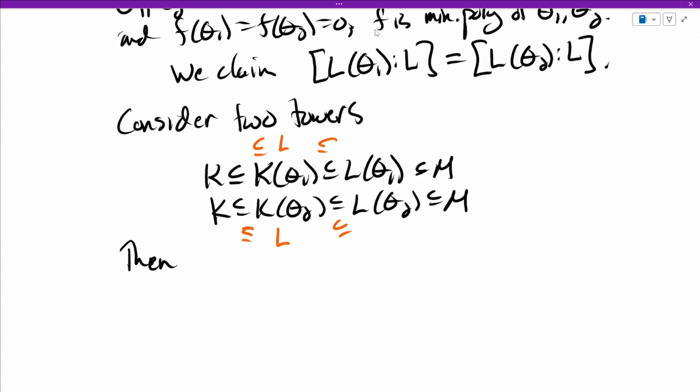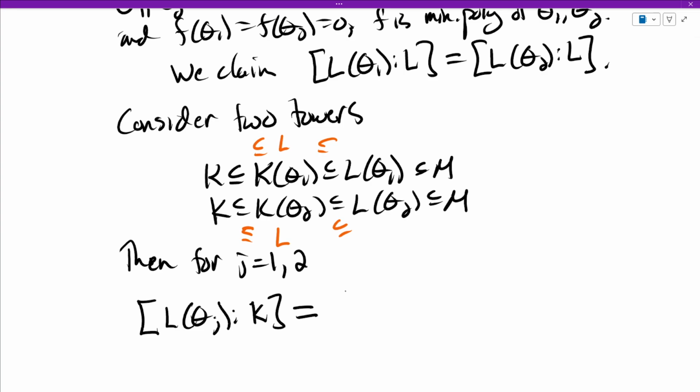By the Tower law, the degrees of these extensions, the big extension, we can break up in two different ways. So I'm going to use indices so I don't have to write out two equations. For j equals 1 and 2, if I go from L of theta j to K, that's two different things.